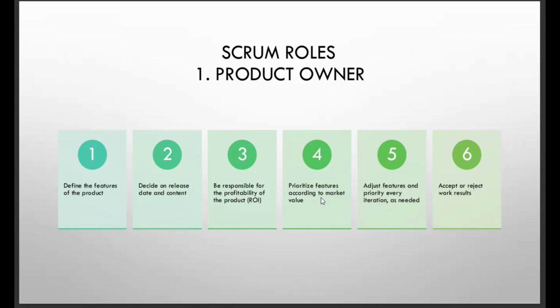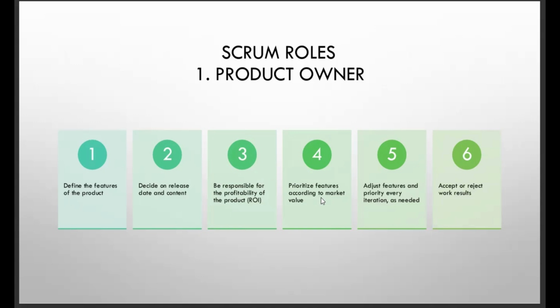So the product owner is interfacing with the client, getting to understand where the client is driving at, getting to understand the market realities or the market dynamics, and then prioritizing what the team would be working on per time in line with all this information.